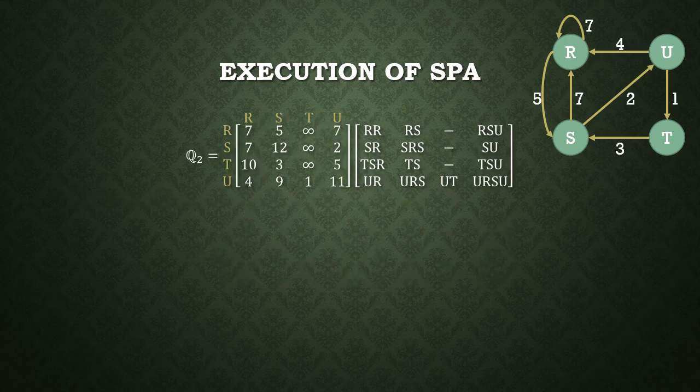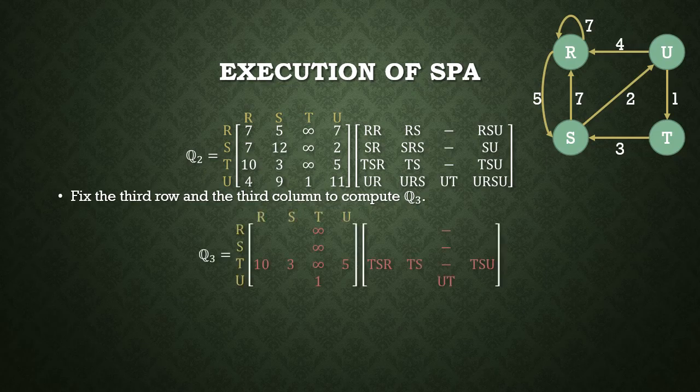Keep Q2 in front of you. Now we will start another iteration in which we will work out Q3. Fix the third row and the third column to compute Q3. This is what we do. Eliminate all the values, just keep the third row and the third column.